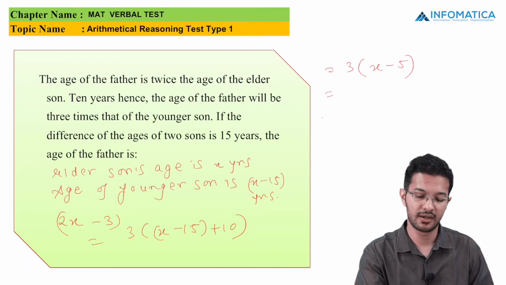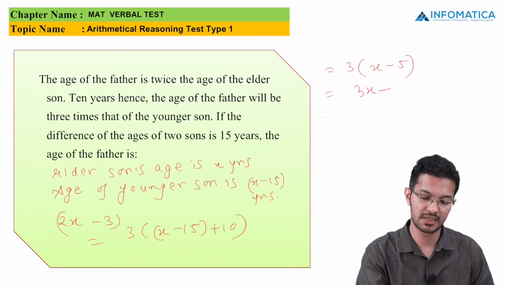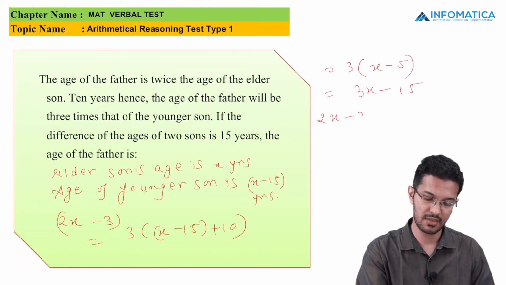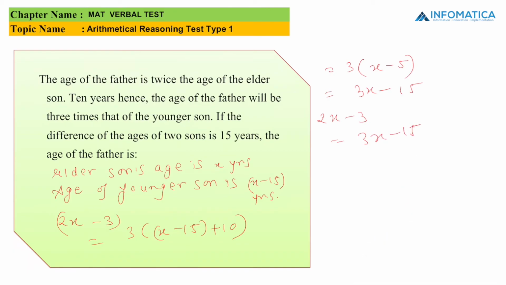So on simplifying it, I get 3x minus 15. So we have got 2x minus 3 is equal to 3x minus 15. So we will write it down as minus 3 plus 15 is equal to x. Thus we get the answer as minus 3 plus 15, which is 12.